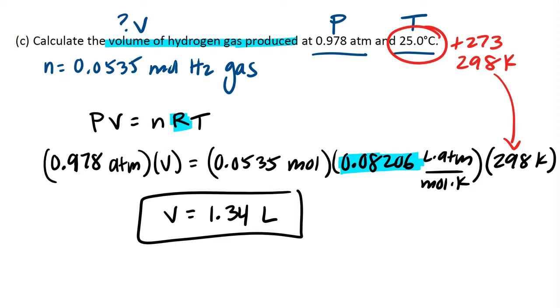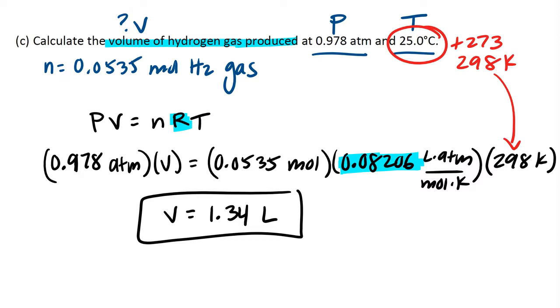But the stoichiometry is simply using that mole to mole ratio to calculate the moles of the product. And then I just did a PV = nRT problem using my moles from the stoichiometry answer to solve for the volume of this gas. So don't make it more complicated than what it is.